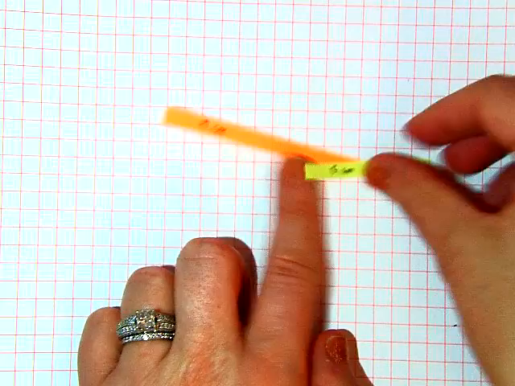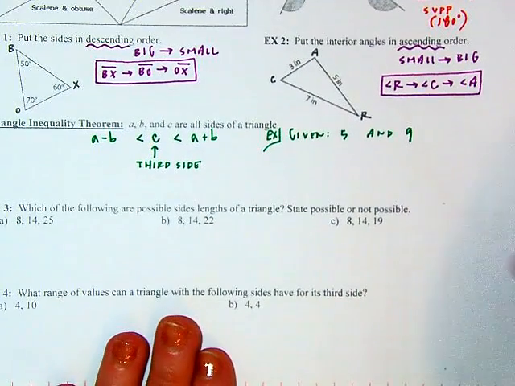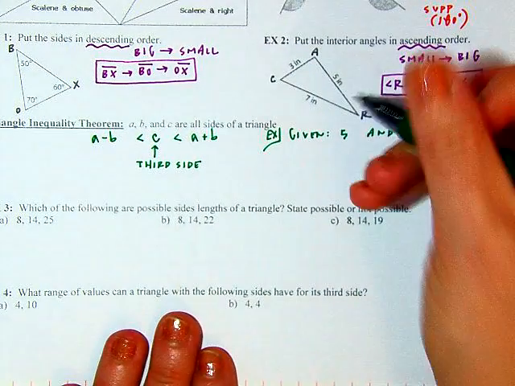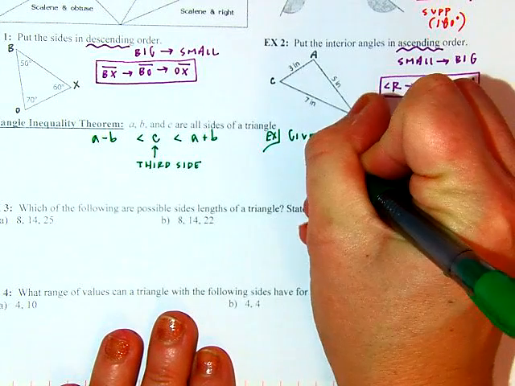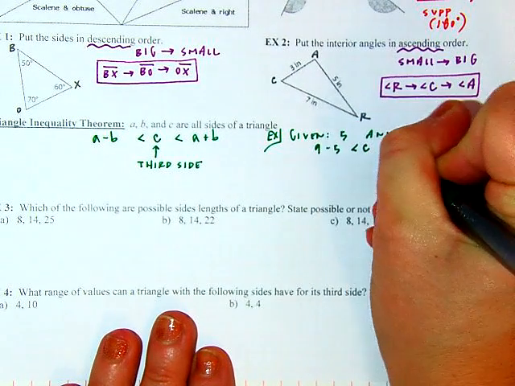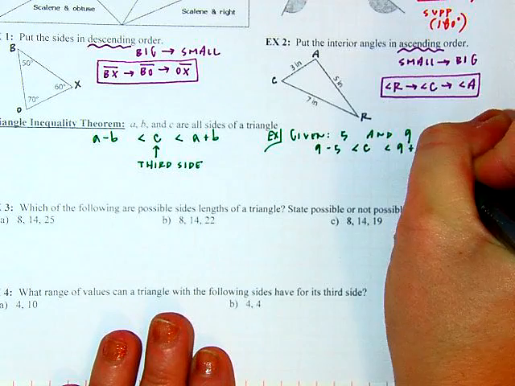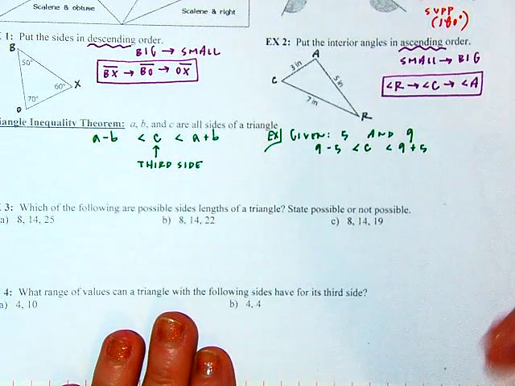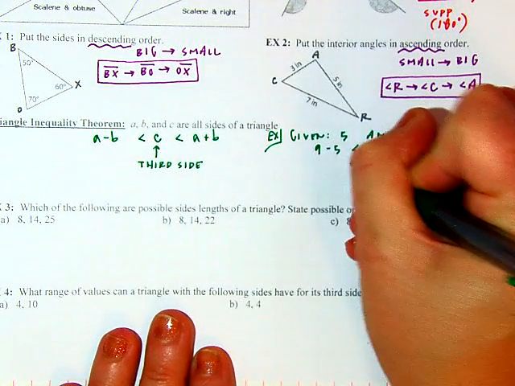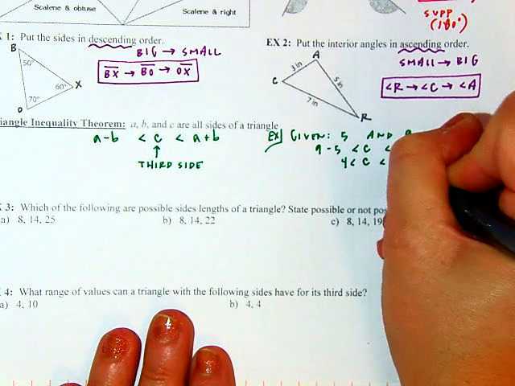All right, let me transfer that to my paper. So that third side has to be greater than the difference, but less than the sum. When I'm taking the difference, it always has to be the big one minus the smaller one. So I'm getting that C has to be more than 4, but less than 14.